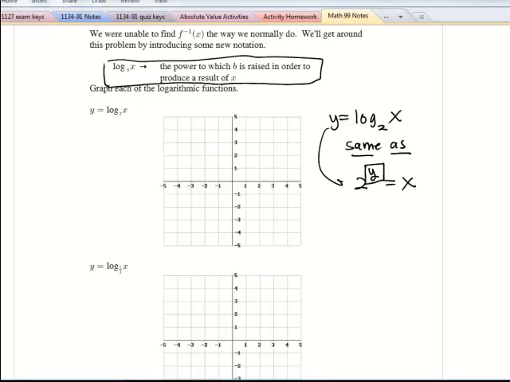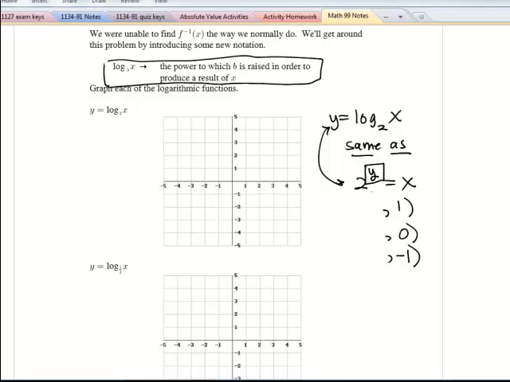Those are the same thing. They're not inverses. It's just the same relationship expressed exponentially instead of logarithmically. And then I'm going to pick my exponents, which are the y values, to be 1 and 0 and -1.